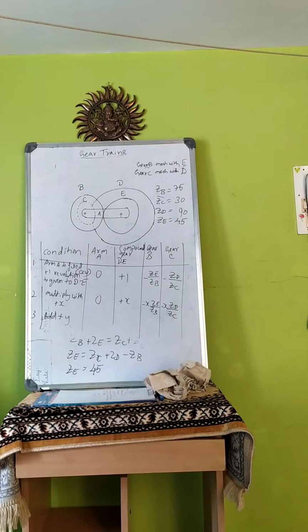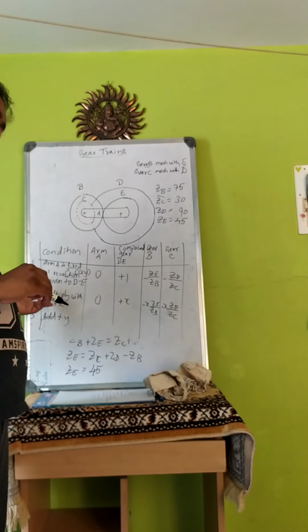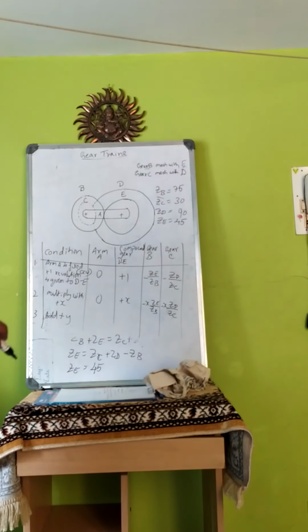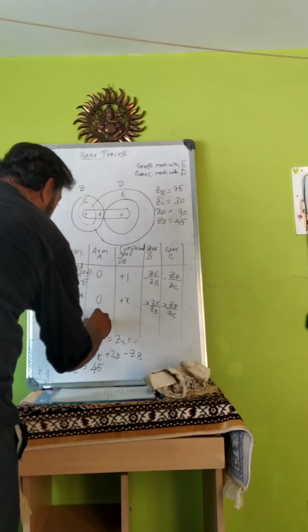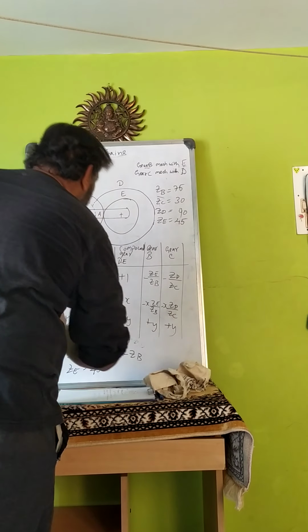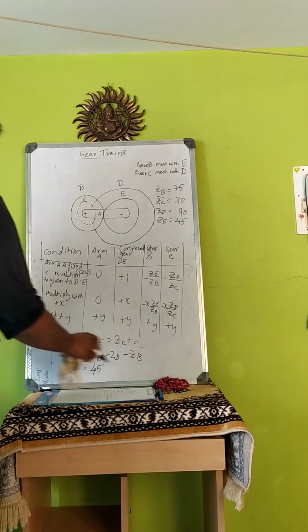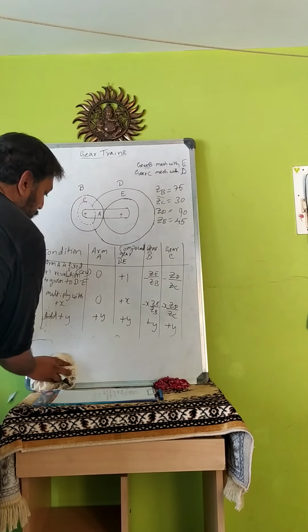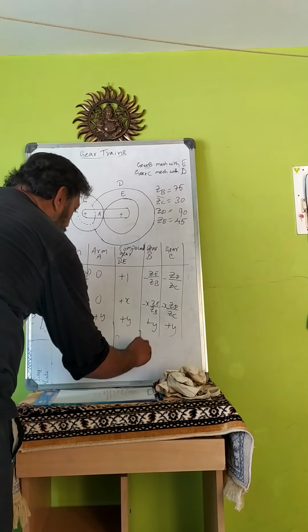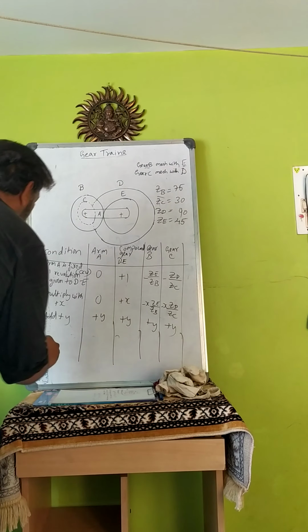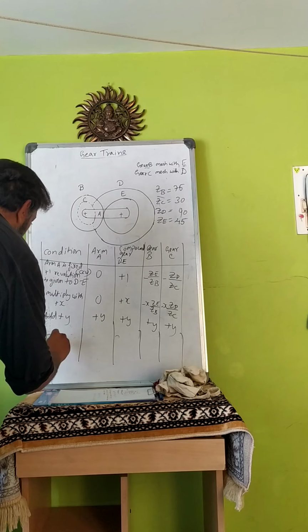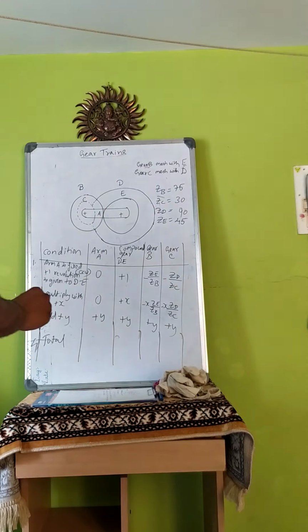Okay, and in the third step we are going to add another revolution, that is add plus Y. In the previous step we multiplied with X, and now in the third step we are adding plus Y to all. Finally you will get the total motions.